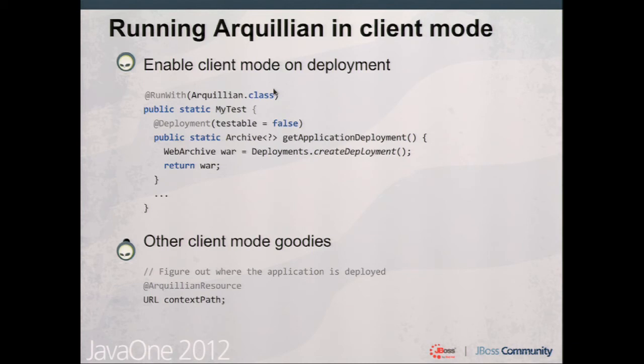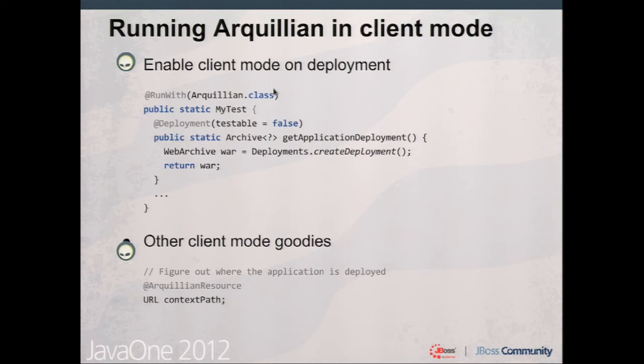So if you run this JUnit test either from the CLI or from the IDE, it will deploy the application on the server you configured. Depending on where your server is actually running, you will get a context path returned by another annotation.